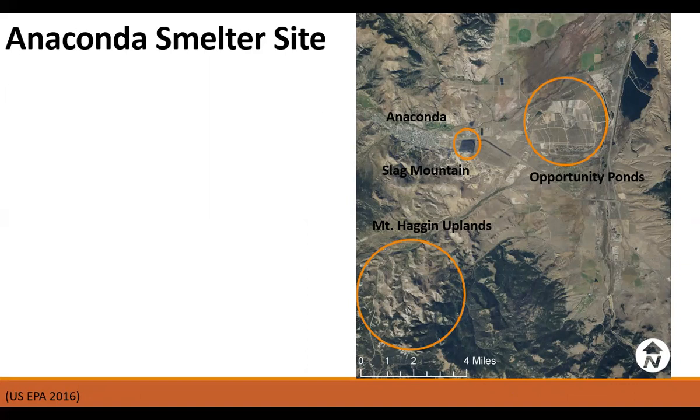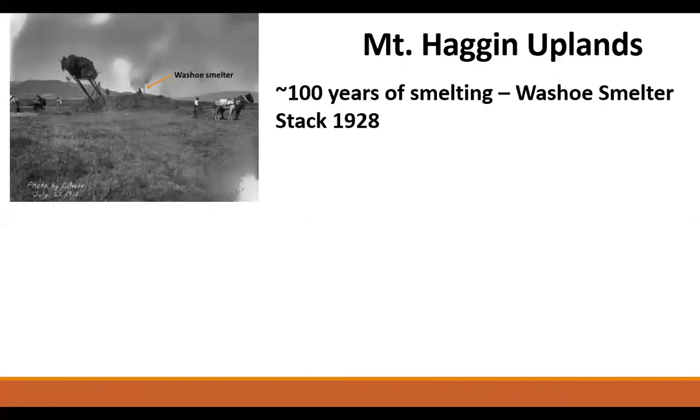It's been polluted with aerial emissions from the smelter for about 100 years. So again, the Mount Haggin Uplands was receiving about 100 years of smelter airborne emission inputs from the Washoe smelter stack. This is 1910.